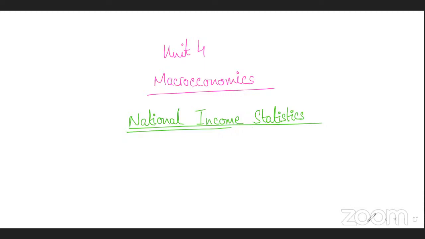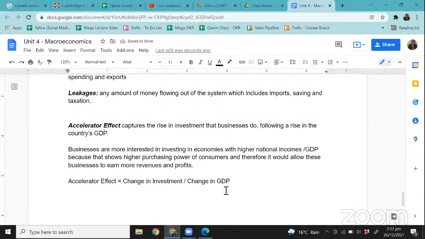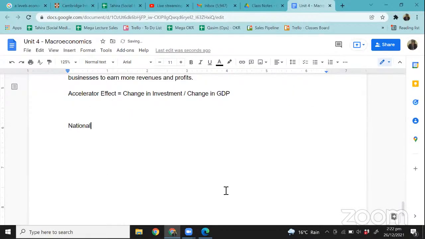Now, the next topic in this unit that we're about to discuss is national income statistics, right? Let's first define what national income is.